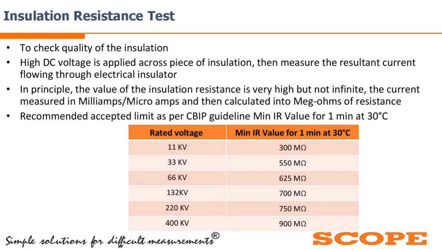Similarly, for 33 kV it will be 550 megaohm, and accordingly for 400 kV it will be 900 megaohm. This guideline has been given by CBIP.